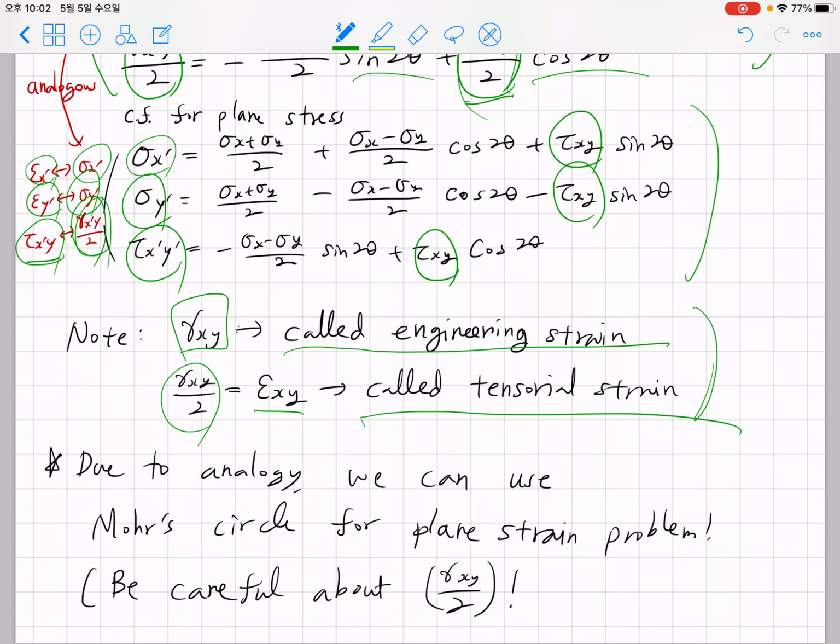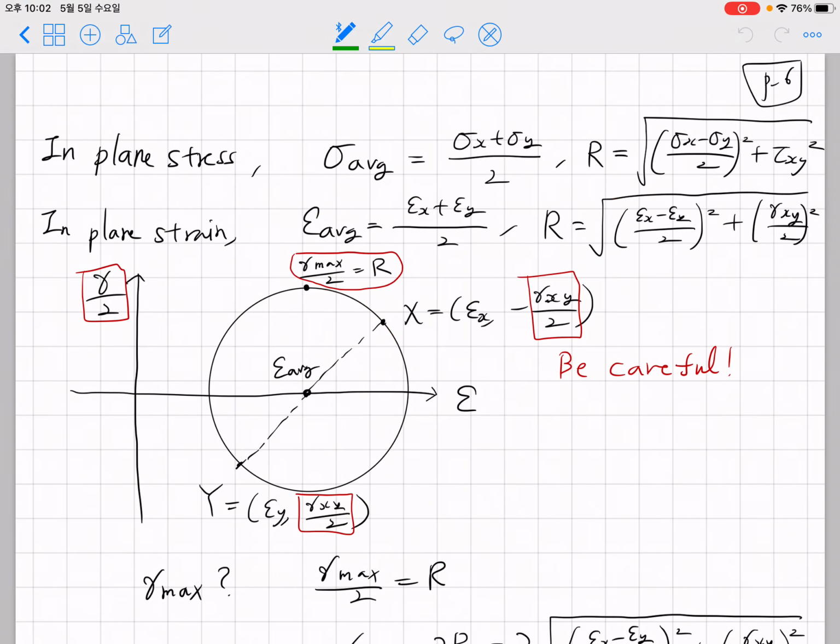I think it's the foundation of stress analysis. I don't know why professors named the lecture in this way, but I consider that as the undergraduate solid mechanics 2 class, and you're going to learn more mathematical details in that class. As I told you, due to the analogy, we can simply use a Mohr circle for plane strain problem if you are careful about the gamma xy over 2 factor.